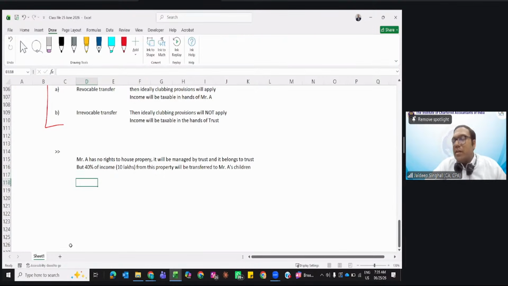Is it a revocable transfer or irrevocable transfer?